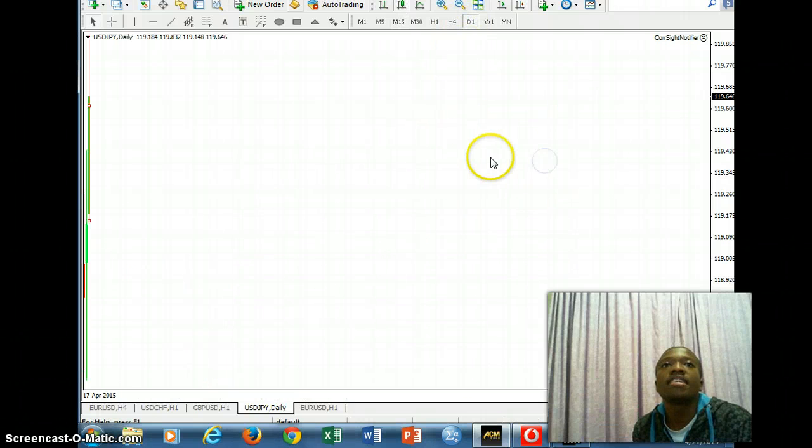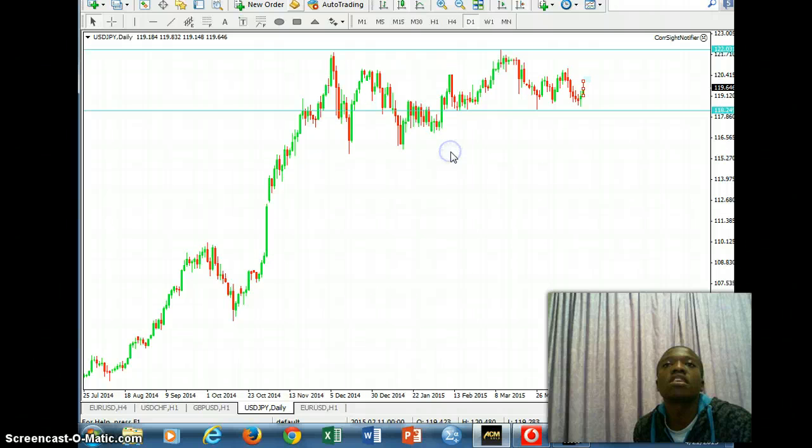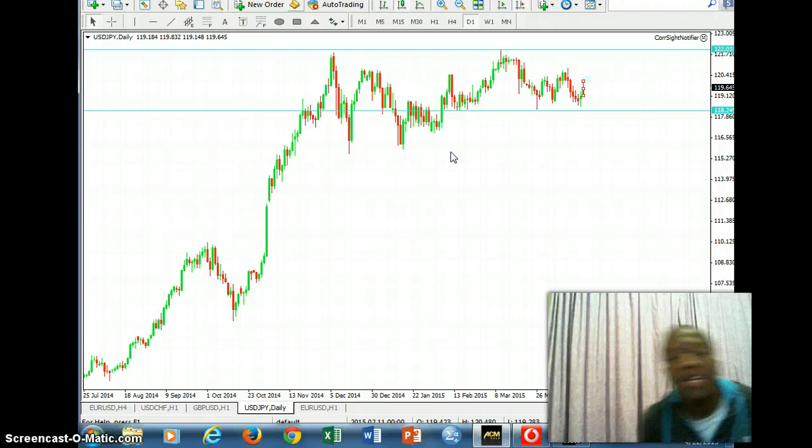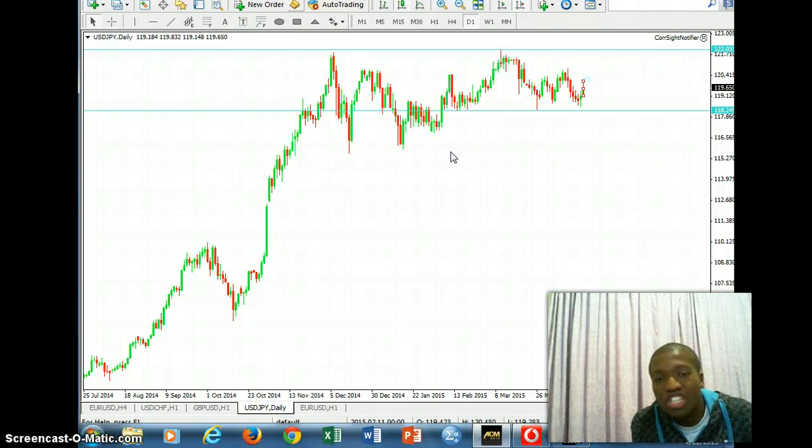Starting on the daily chart, the yen, also most of the currency pairs, the dollar base pairs, dollar majors, are in consolidation. On the dollar yen itself, when you're looking at the highest high and the lowest low, we are in consolidation. We're not creating new structure highs.